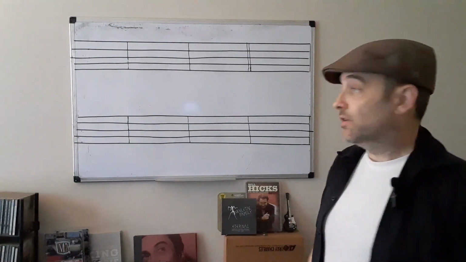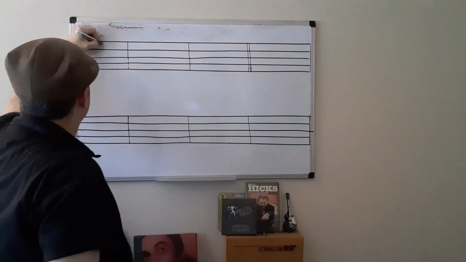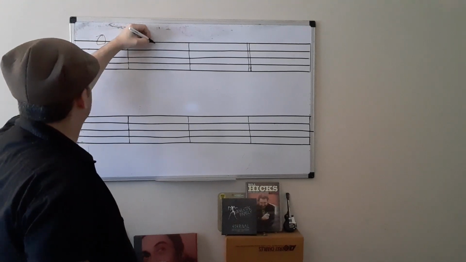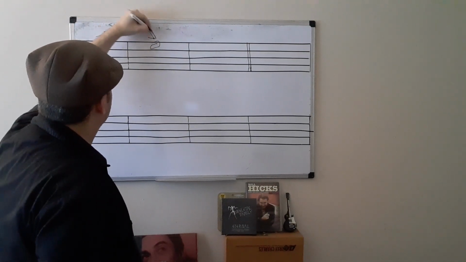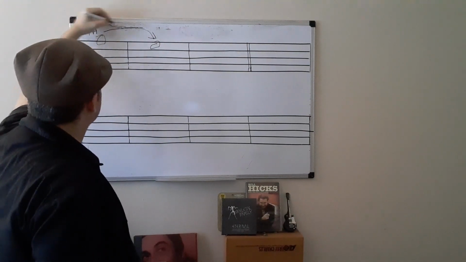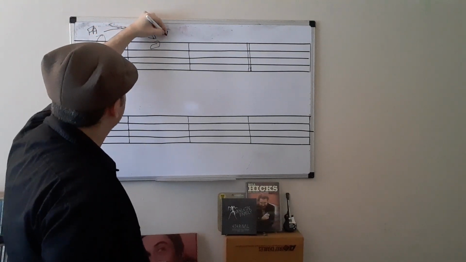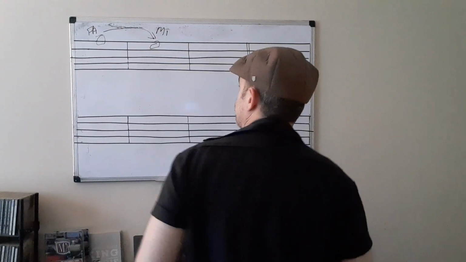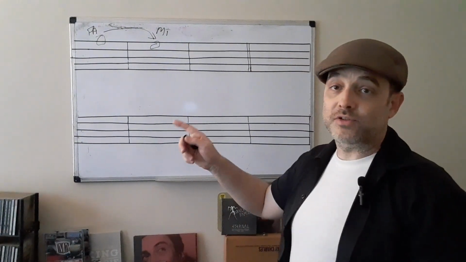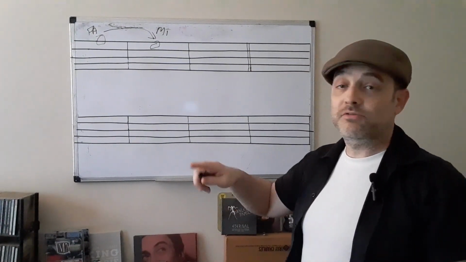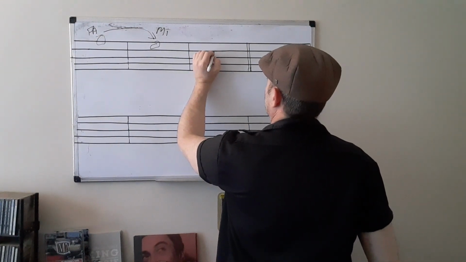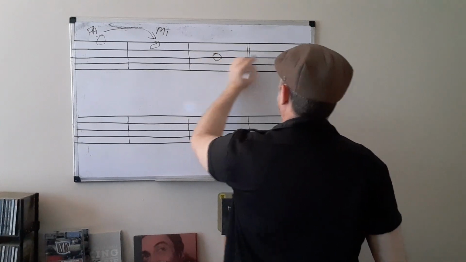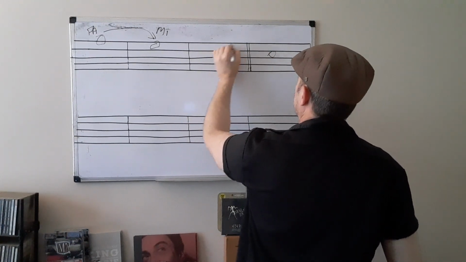If I'm looking at the note fa, that's going to want to come down to mi. Fa resolves downwards to mi. Ti resolves upwards to do.